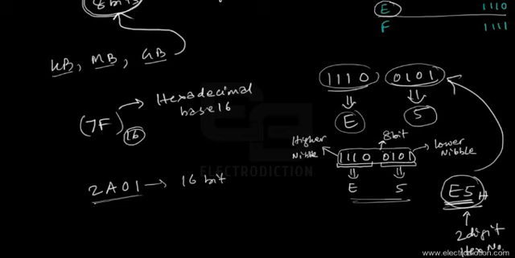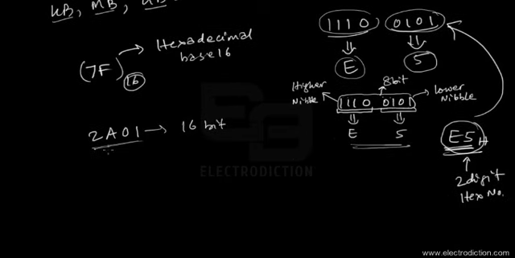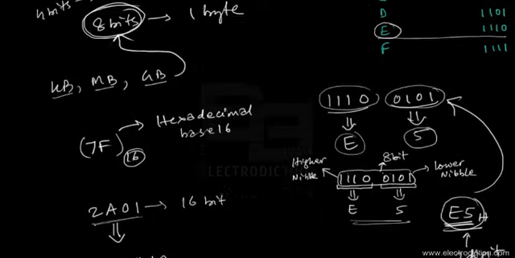So I'm going to relate it here. For this number, if we try to represent it in binary, I'm going to write it this way: 2A01. For 2, the binary code would be 0010. For A, it would be 1010. Let's check it here.